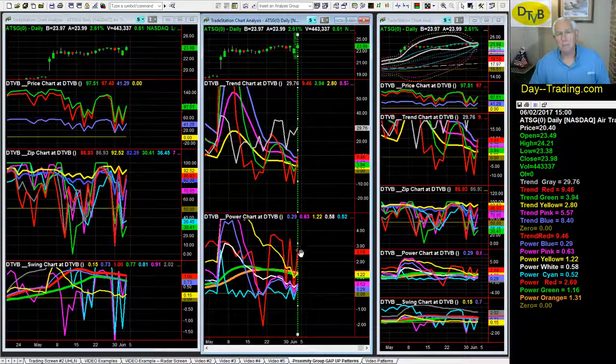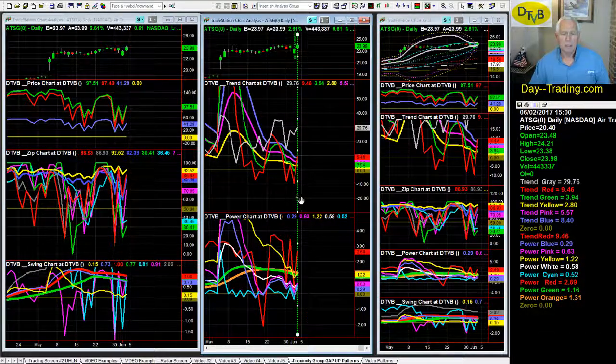And the reason it's so important is because trend red and power red are 2 out of the 3 big 3 that we refer to, and we watch those quite heavily. The other big 3 member is Swing Zion.